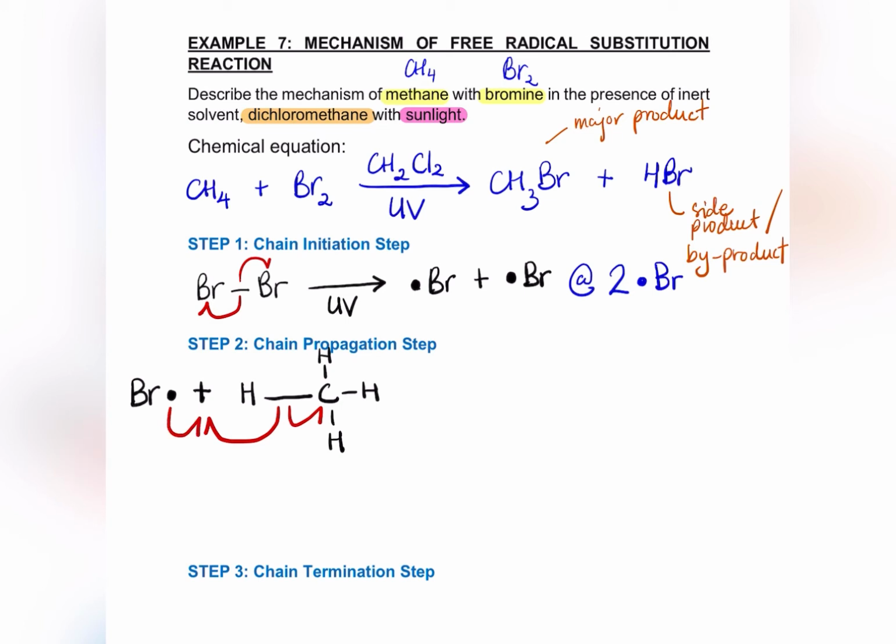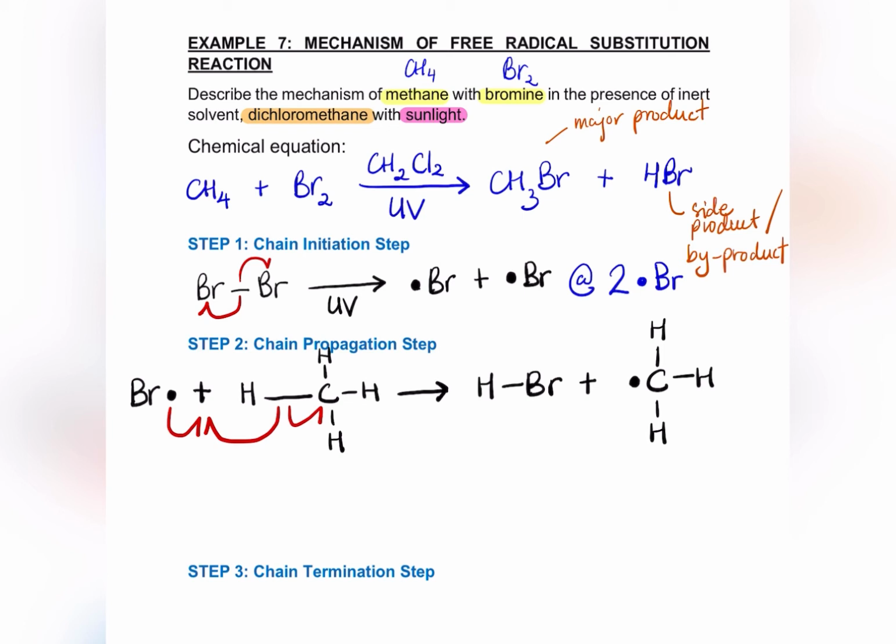So from here, you will bring Br together with the radical, 1 electron, and you will bring 1 electron together with hydrogen to form HBr. And what's left, the 1 electron that goes to carbon, will form a methyl radical. So how I want to draw my product, I'm going to draw it just like this, plus. So this is my product for the first line of propagation.